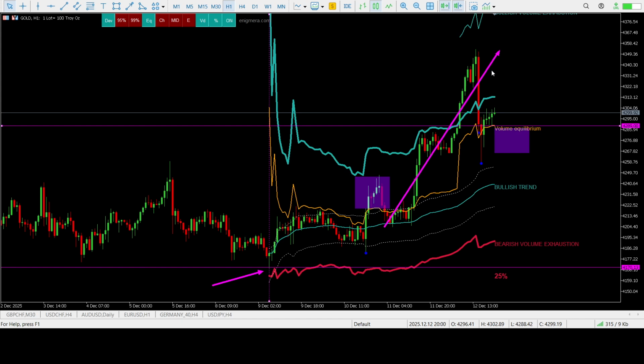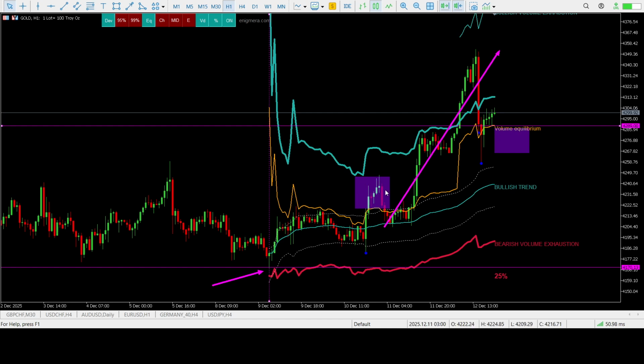This is the reason why the trend can proceed further until reaching at least one exhaustion line, and in order for the trend to be completed, we need an additional condition: to trade below the volume equilibrium.